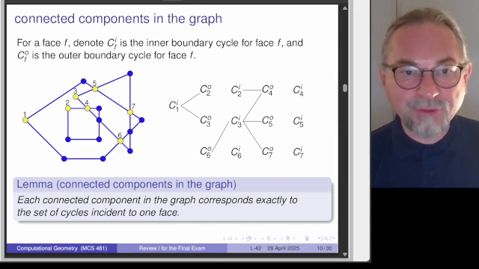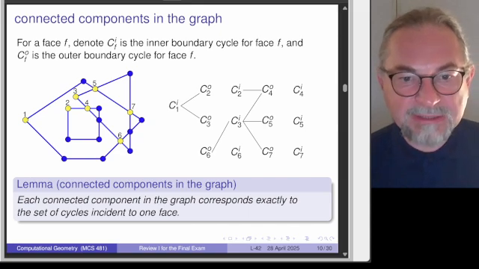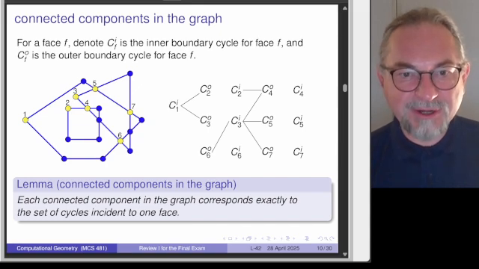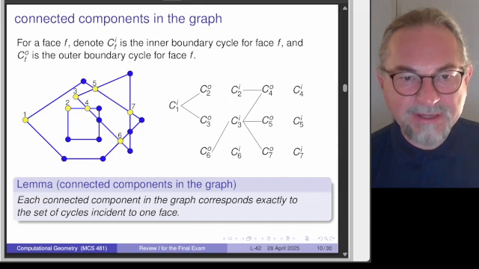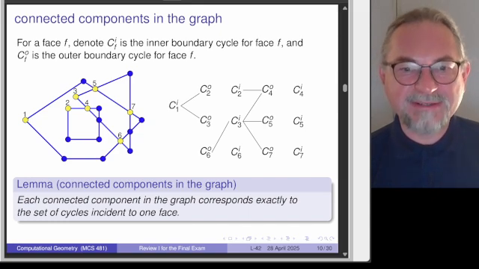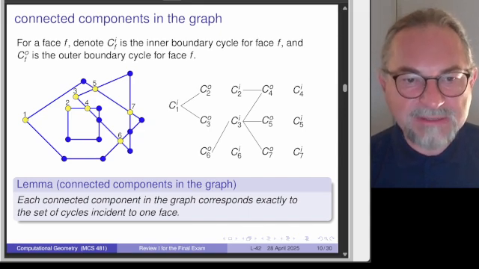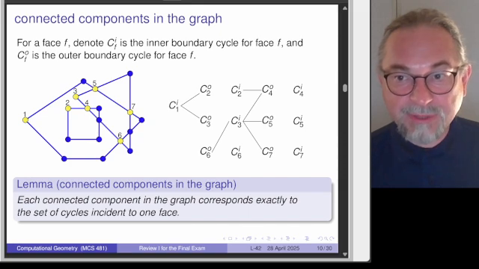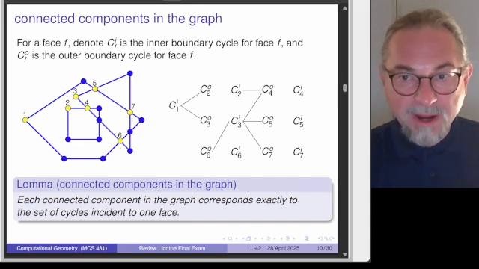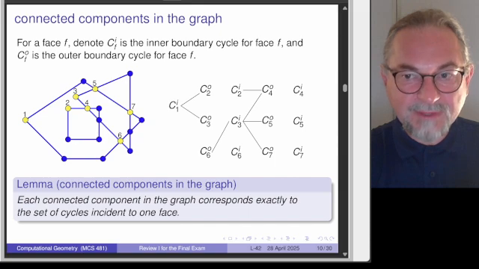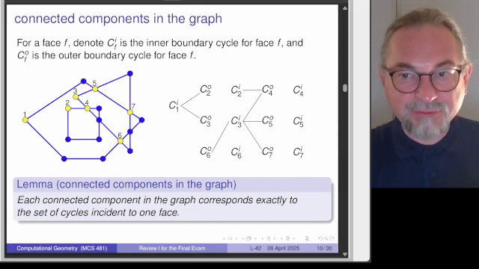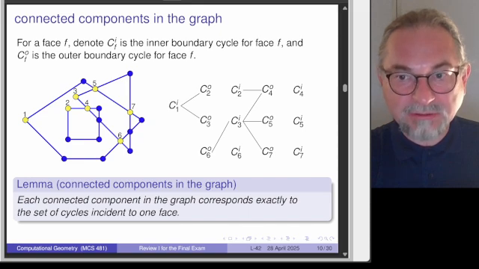Okay, so what we introduced is then the graph that represents the cycles. So for every face, and the faces are identified in this example by the yellow dots, we have 7 faces. Every face is identified by this yellow vertex, but it is represented by 2 cycles.